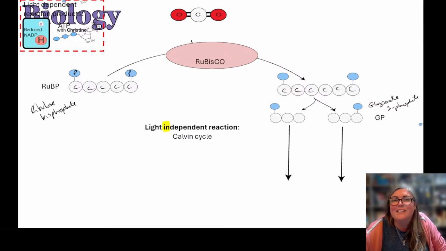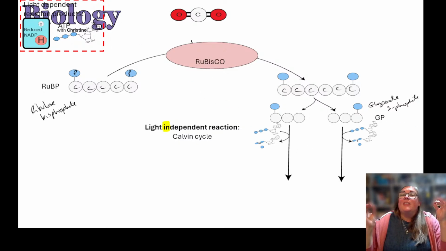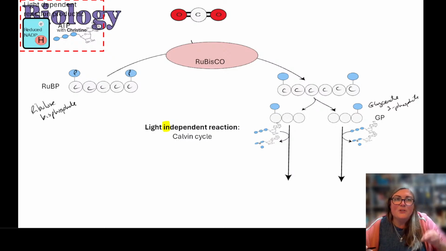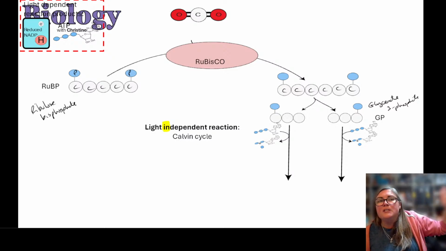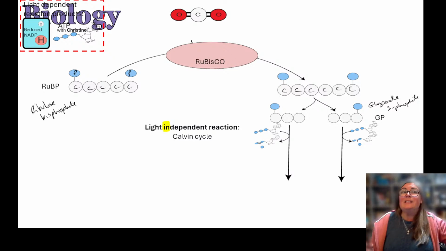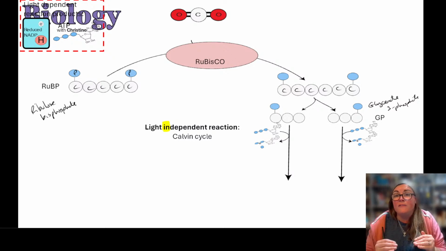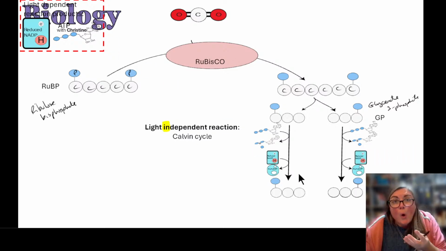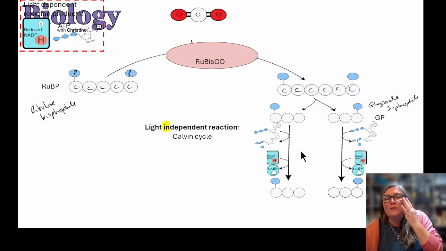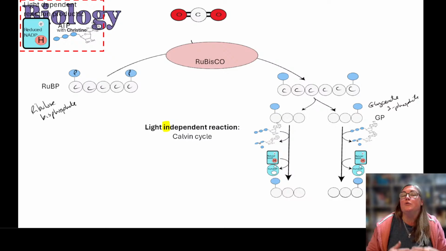So that ATP is needed. The ATP that was produced during the light dependent reaction is required for the conversion of our glycerate 3-phosphate, and also we need to reduce the glycerate 3-phosphate into triose phosphate.